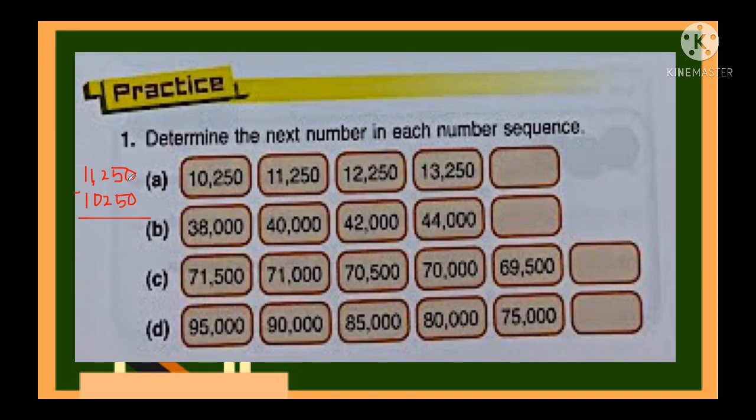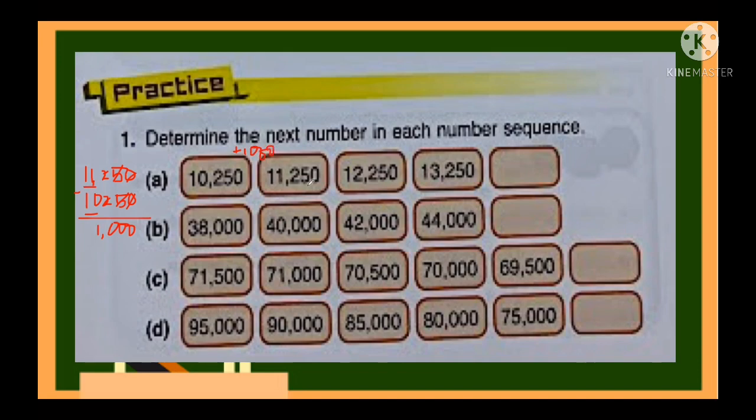If they're the same, we will just make them 0. So 0, 0, 0. Now here, what is 11 minus 10? 11 minus 10, we have 1. So our pattern here is plus 1,000.